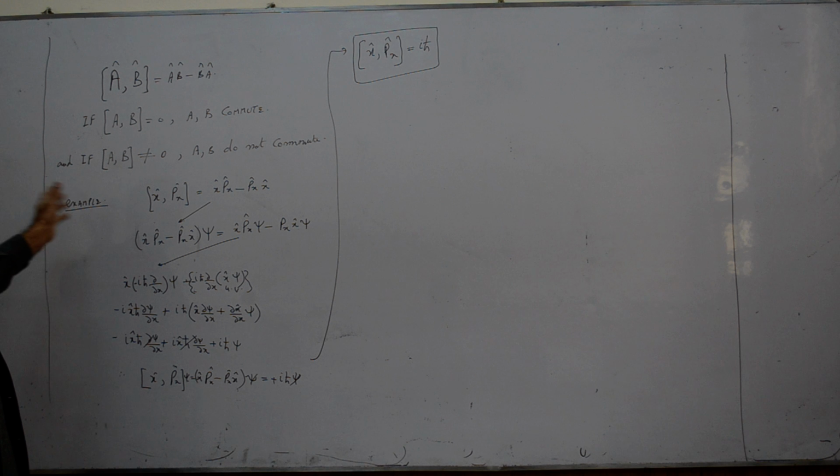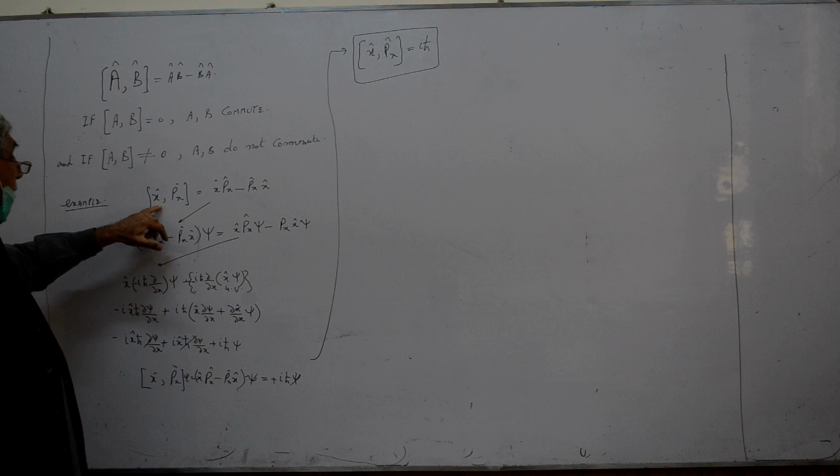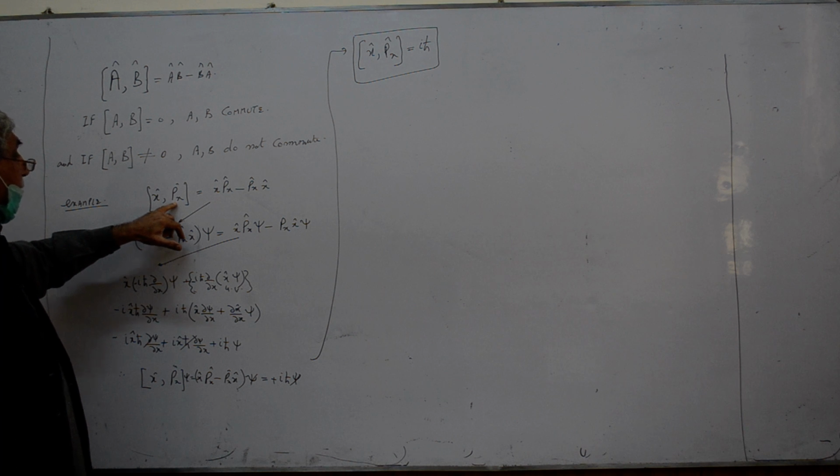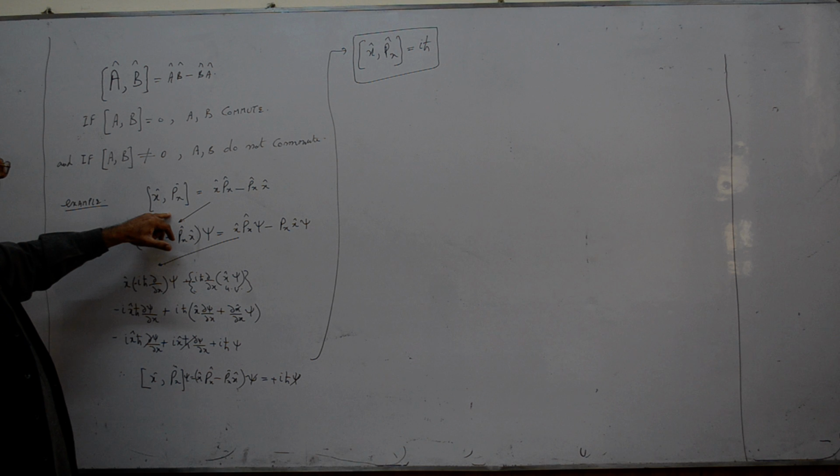Okay? Now, as an example, I am taking the x component of position of a particle and its x component of momentum. So I can write it like this, in a square bracket. I want to check whether they commute or not.